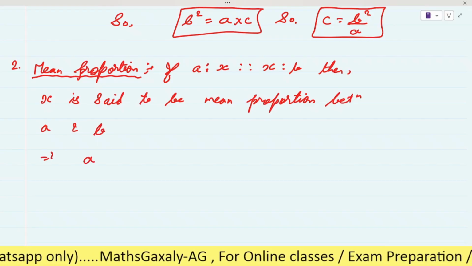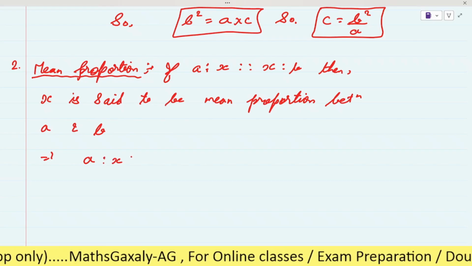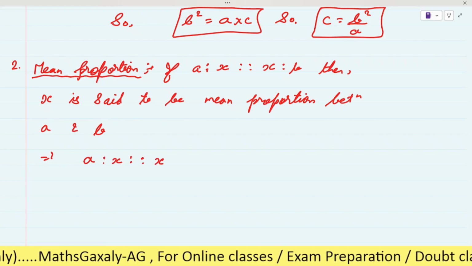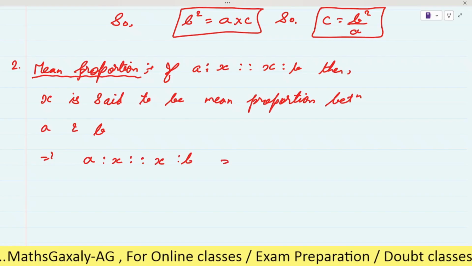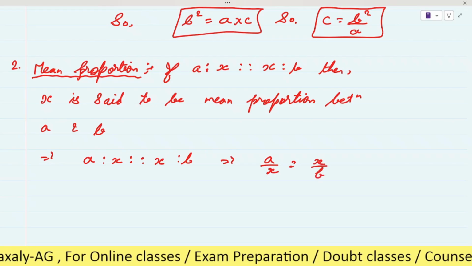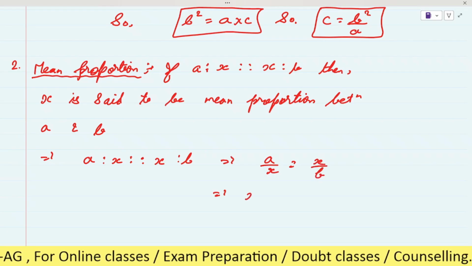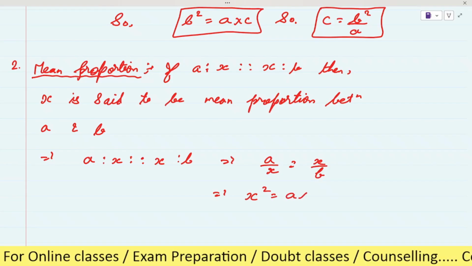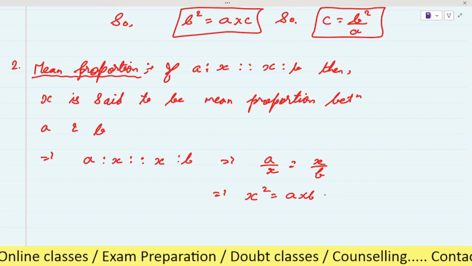As here A is to x is proportional to x is to B, it means A by x is equal to x by B. So here you will get x square is equal to A cross B, same as before.